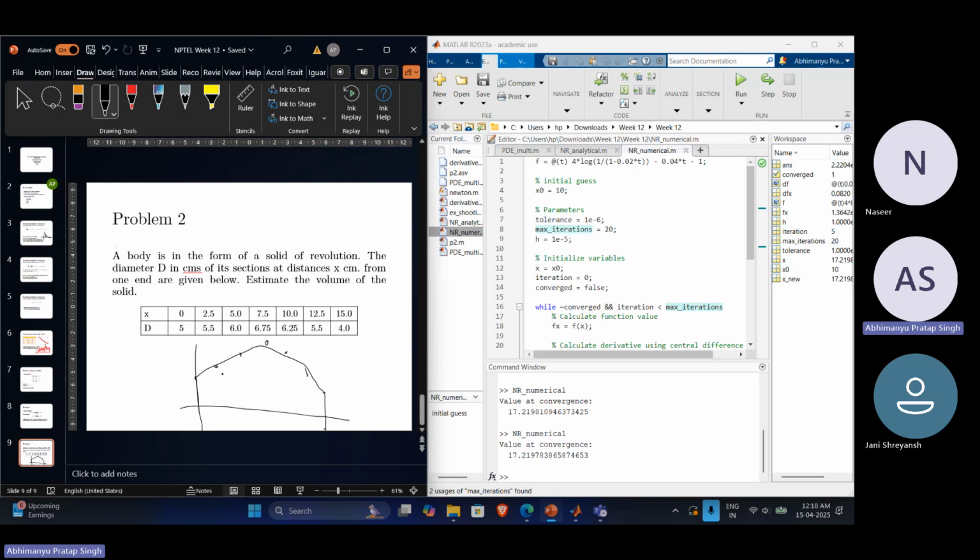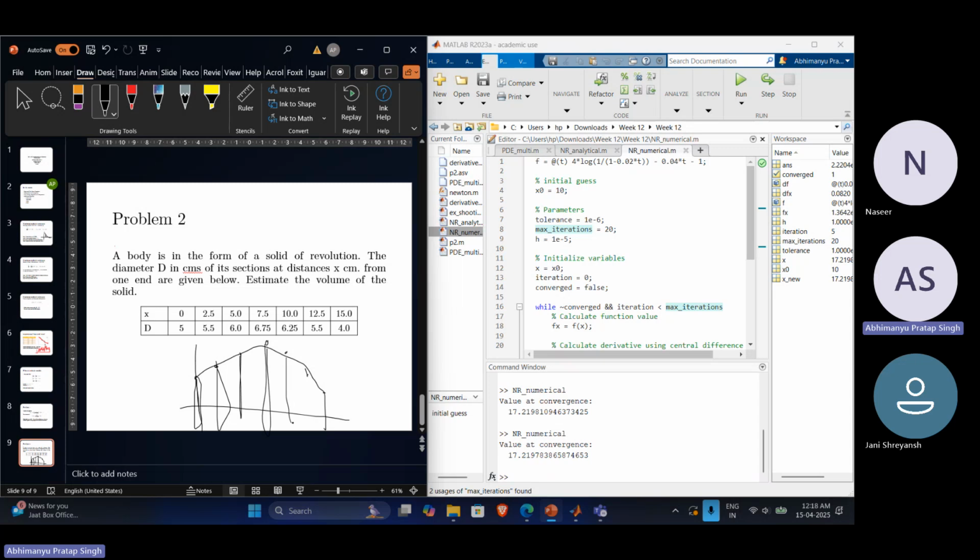Now, how do we do this? One way would be to calculate the area of this circle, then calculate the area of this circle. Like we calculate the area of each of these circles.